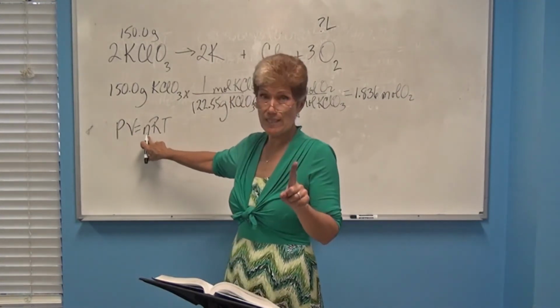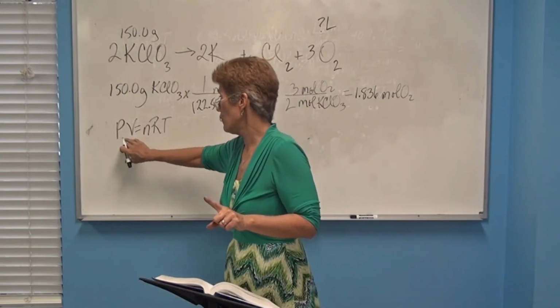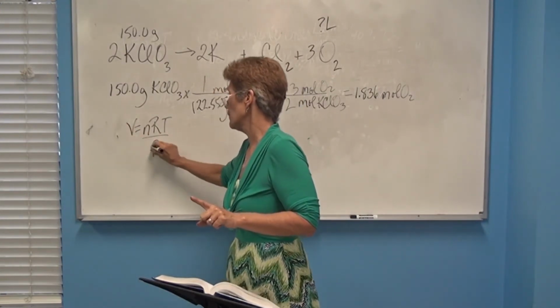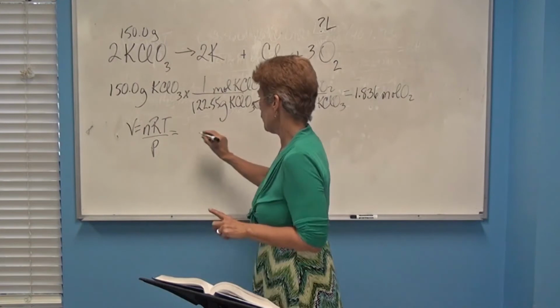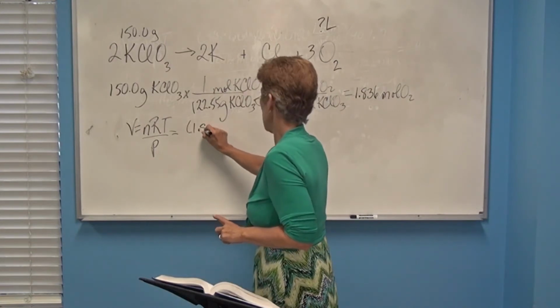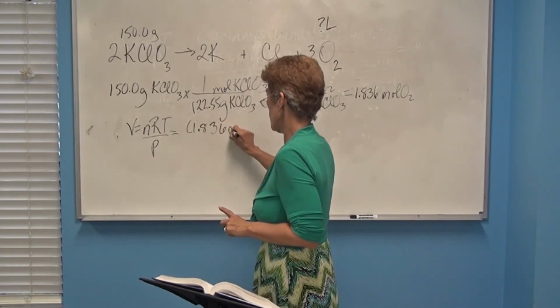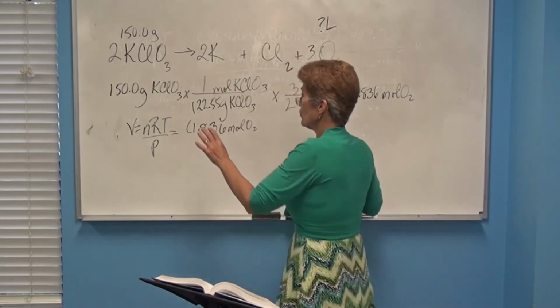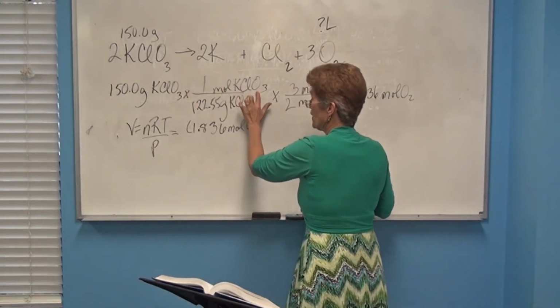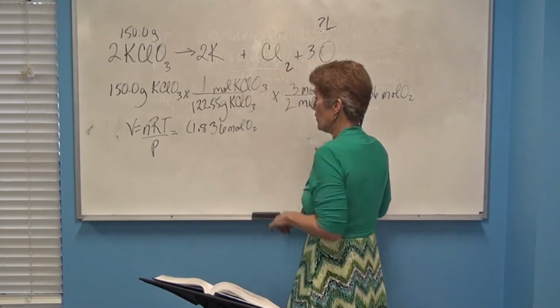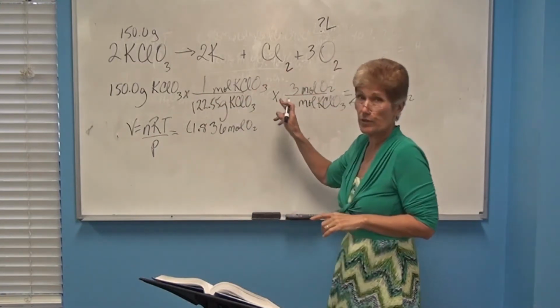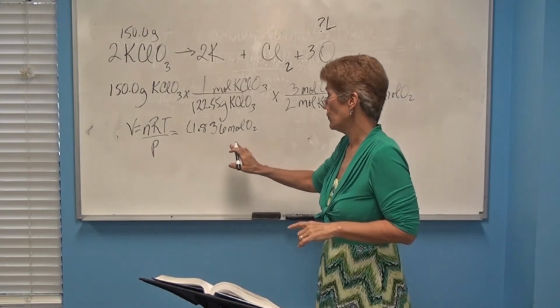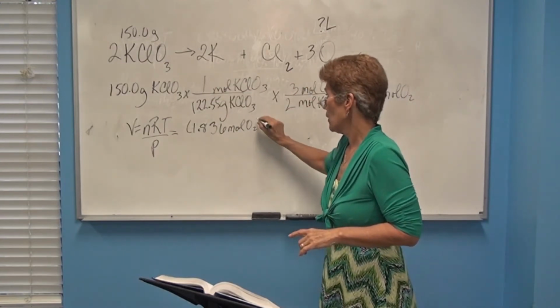And we also have STP. So let's solve for volume. And so the moles we're going to plug in as 1.836 moles of O2. And this is important. You don't stop here with the moles of this, because this isn't the gas. This is the one they're asking about. You had to go through the mole tunnel to get to the moles of O2. That's why it was important to lay it out.